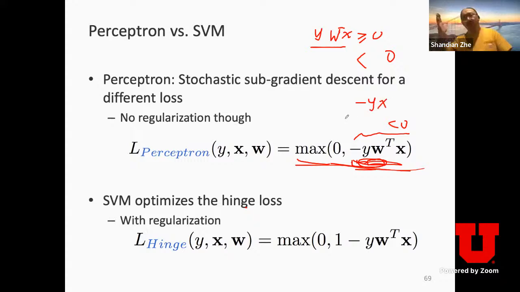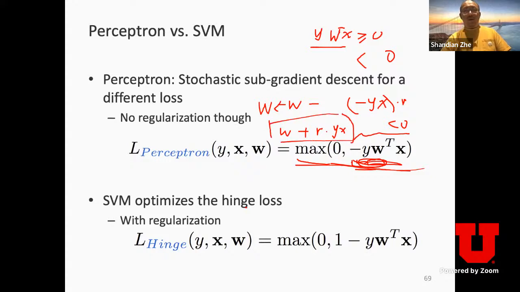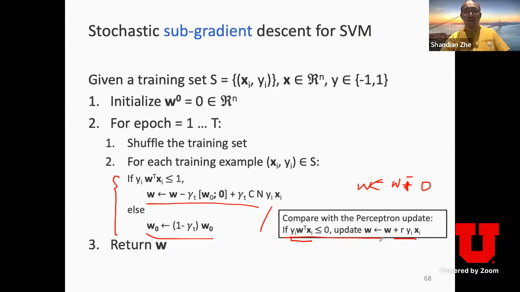Now if we apply this subgradient to update our model, we subtract this subgradient times some learning rate R from W. So it turns out to be W plus R, the learning rate, times y times x. You can see that this update is exactly the same as the perceptron update when you make a wrong prediction.